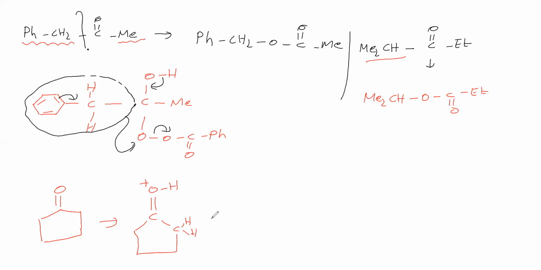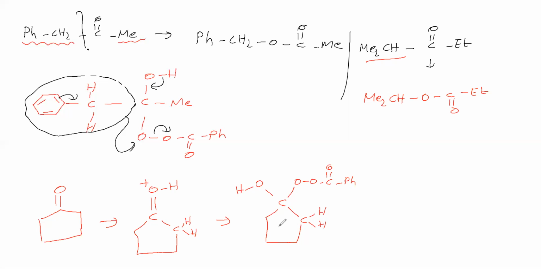First step H plus attack, then peracid attack. Peracid is attacked. Okay, so we got like this.